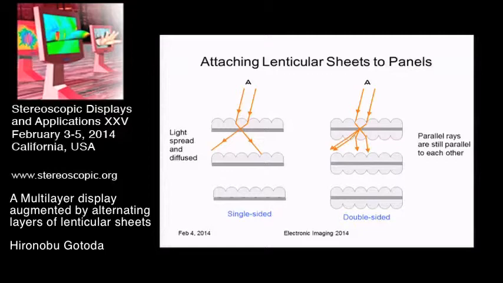So a single bundle of parallel rays will converge at this point and diverge, going out in two directions. So in the right example, there's no light spreading. So I adopted this configuration and see how this works.